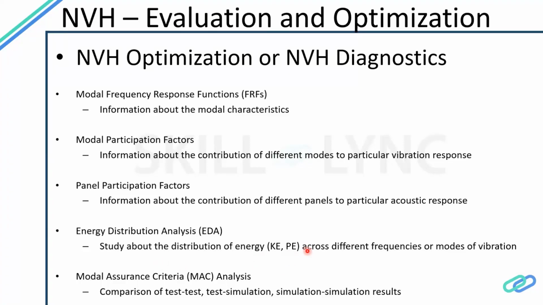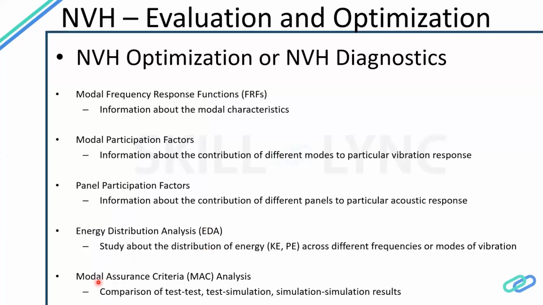If the energy is distributed at only one mode at that frequency, then it's fine. But if at a particular frequency we have more than two modes, for example bending as well as the sidewise movement of your walls or some structures, it's always coupled. In that case, it is not good, and we should somehow try to decouple these modes. So in this way, the energy distribution analysis helps you to identify the nature of modes in your system, whether coupled or decoupled.